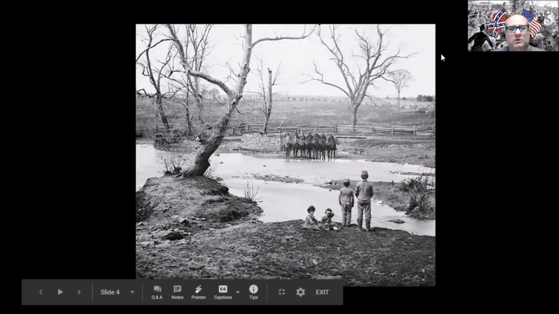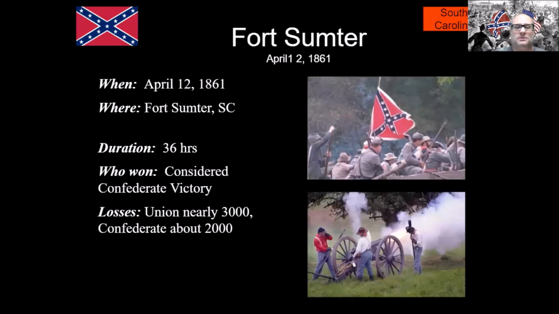The first spark of the war was Fort Sumter. This was a fort in South Carolina that basically had to be reinforced with reinforcements and materials. They didn't want that fort to fall into Southern hands, but by the time the reinforcements arrived, it was too little too late, and the Confederates took the fort rather easily in 36 hours.